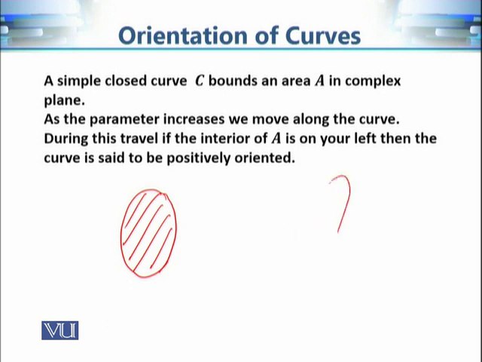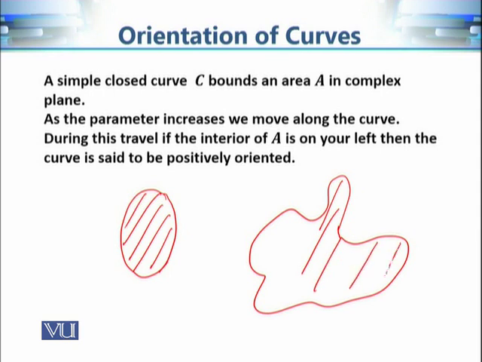Similarly, any other simple closed curve is going to enclose some area in the complex plane. And we also know that if the parameterization z of t is given, then it also gives me an orientation in which I'll be traveling along the curve. Okay, so there will be some orientation of the curve as well.